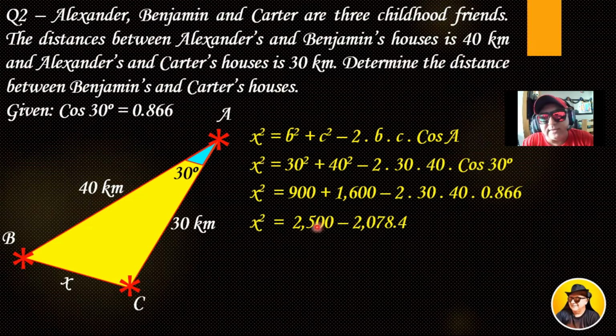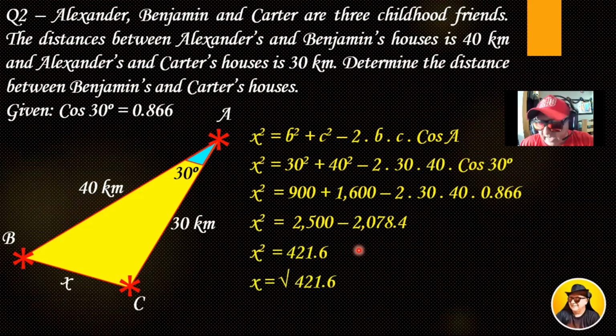Now, doing this subtraction, we have X squared is 421.6. And now, taking the square root, I have that X is 20.53 kilometers. All right.